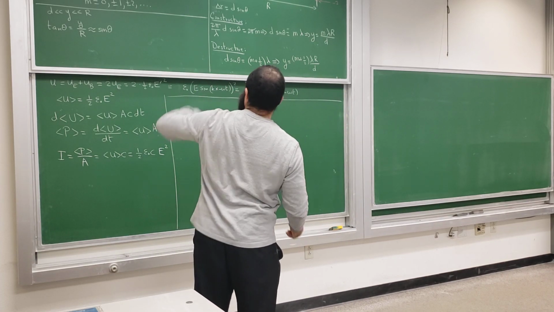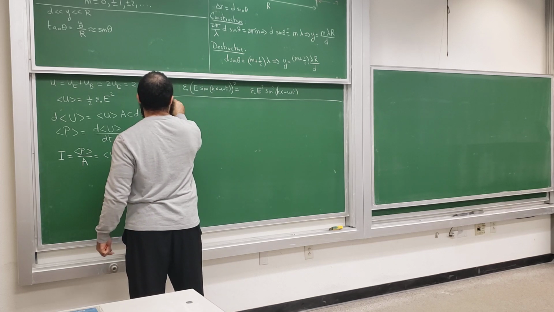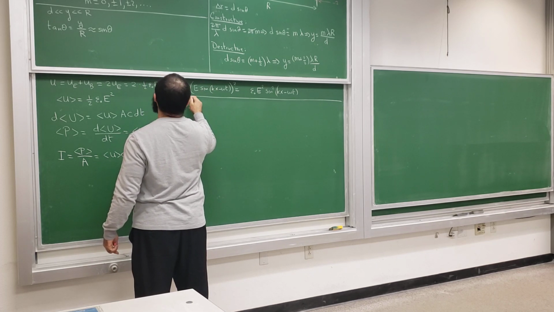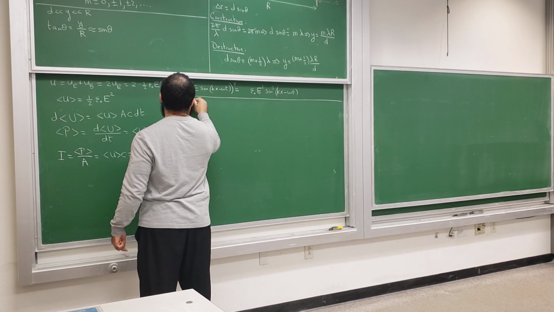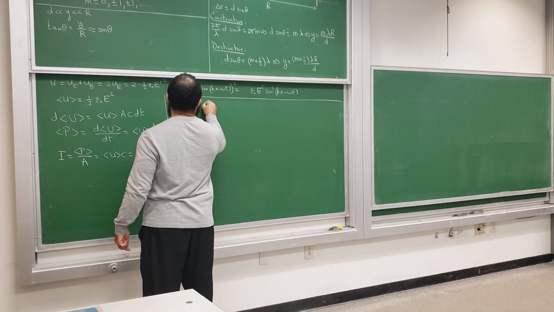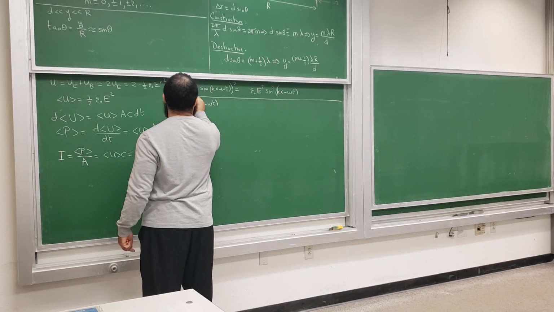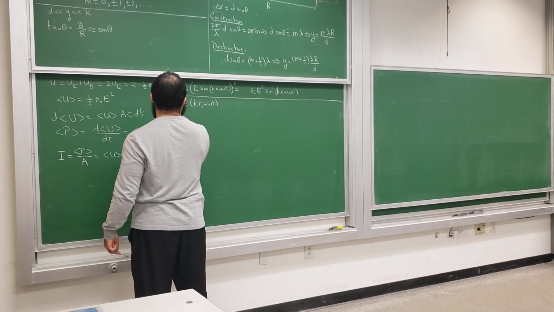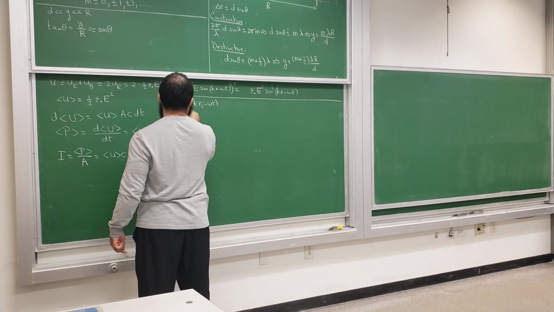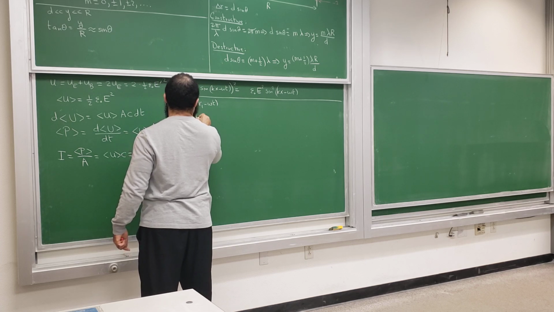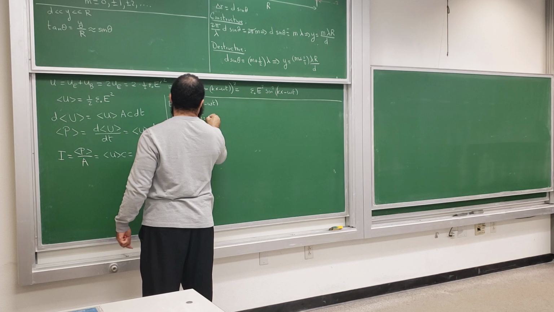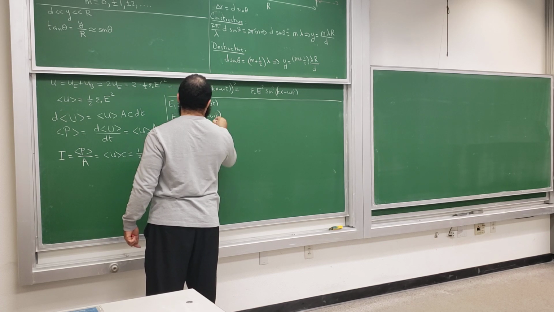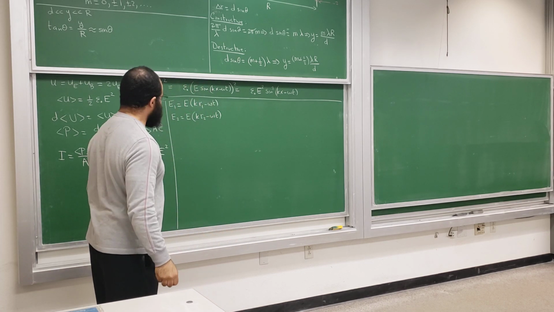So here are the electric fields. Let me put it here. Here's E1, which will equal E times K R1 minus omega times T. And then E2 will be E times K R2 minus omega times T, right? That's electric field 2.